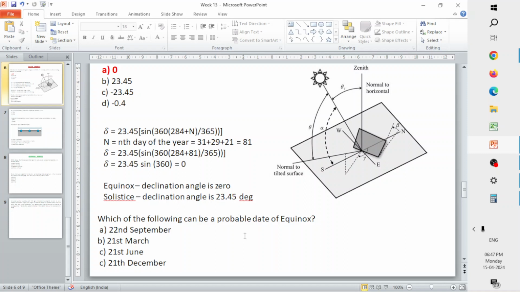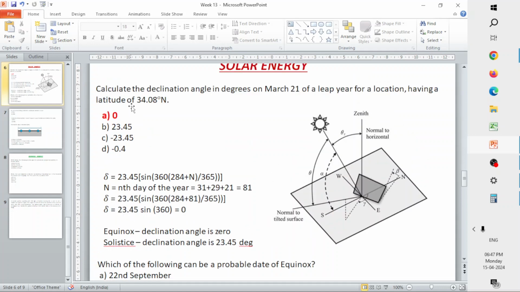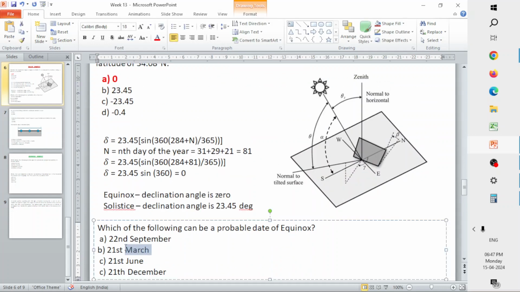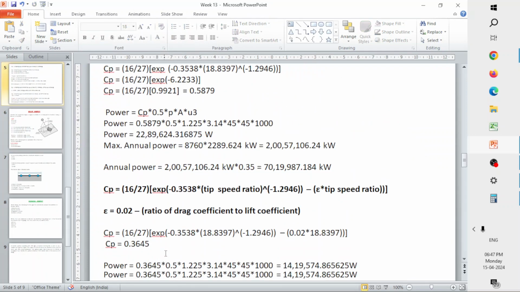Our next question is: which of the following can be the probable date of equinox? One equinox we know is the 21st of March, because we have calculated here that the declination angle will be 0. So what is the next equinox day?